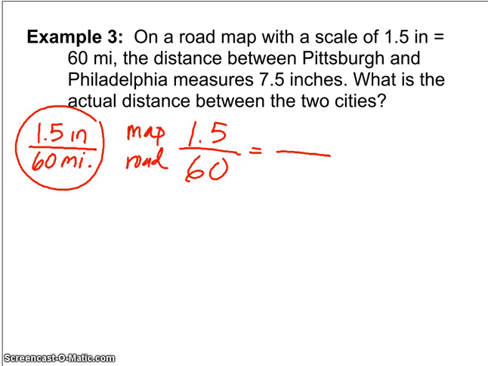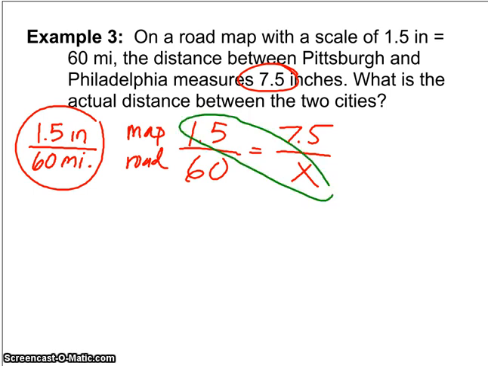The road is real. The map is a reduction or a two-dimensional model of the road. So when we go up here, we know that the distance on the map is 7.5 inches, so 7.5 goes on top. What we're trying to find out is the actual distance.